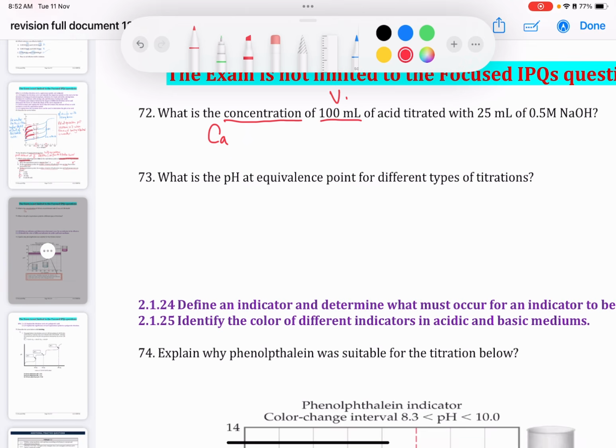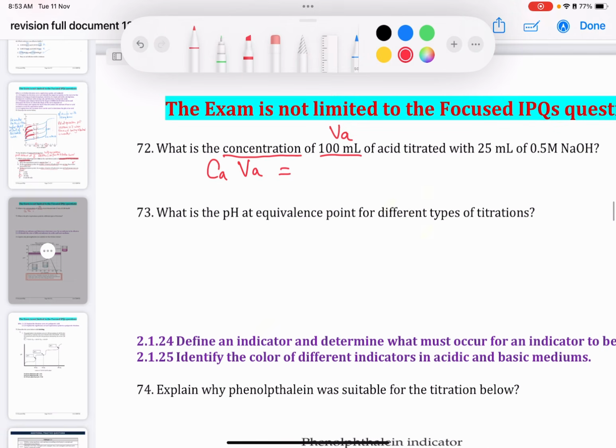We do have the volume of the acid, and at the equivalence point, moles of the acid equal moles of the base, so we get to write the formula CAVA equals CBVB. So now, this acid is being titrated with 25 milliliters of a base. So CBVB, that's VB, and that's the concentration of the base.